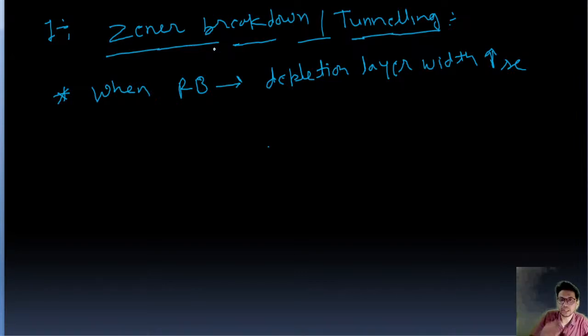I have already explained the depletion layer and the PN junction diode in my previous lectures; you can check that. So the depletion layer width increases, which means a strong electric field is generated, because it is in reverse bias.